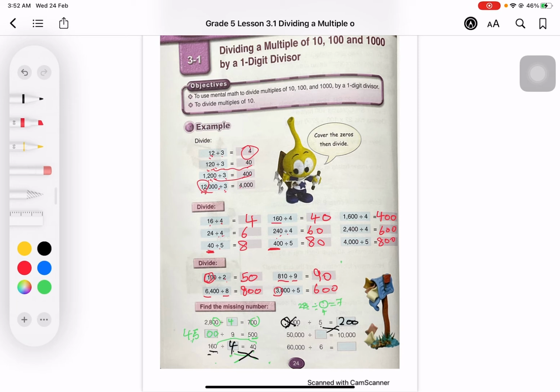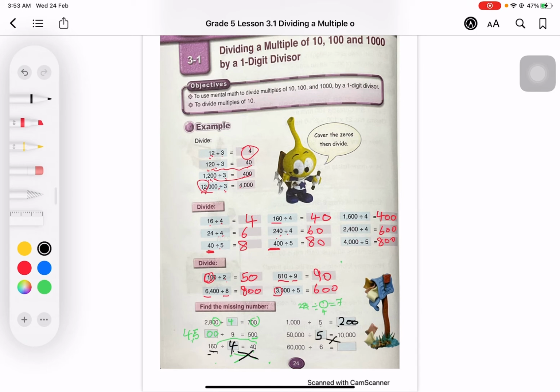Now, here, please solve with me while I am solving. How many zeros do I have here? What number do you multiply by 10,000 to get 50,000? If you notice, if I write 5 here, I need to check if I am solving correctly or wrong.